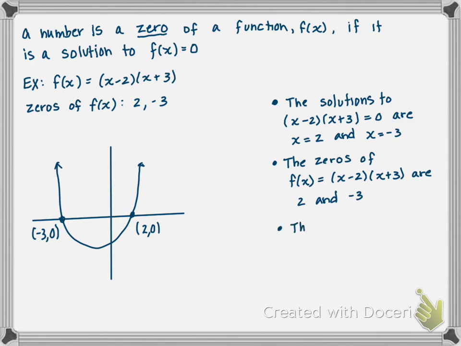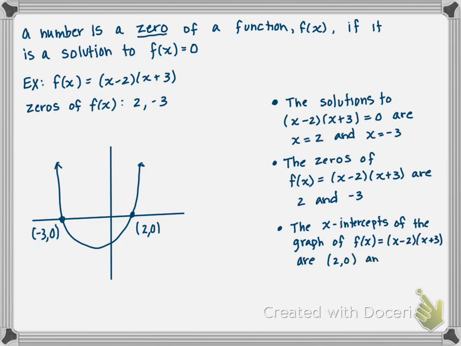And the x-intercepts of the graph of f of x equals x minus 2 times x plus 3 are 2, 0 and negative 3, 0.